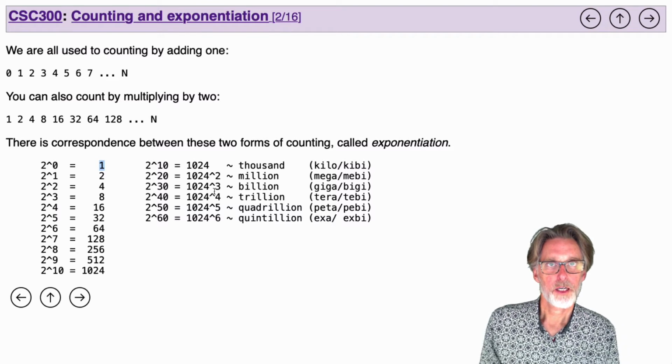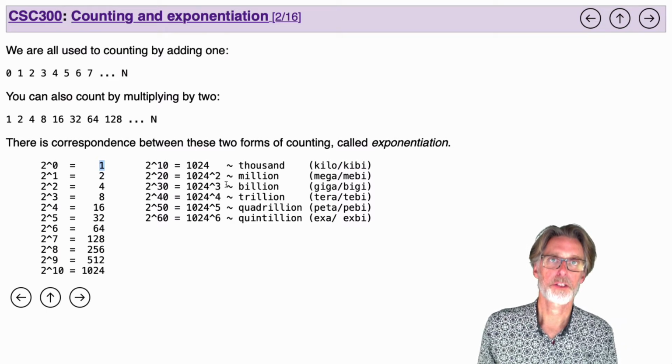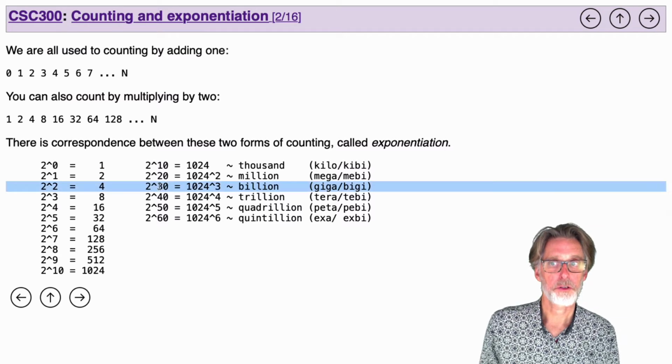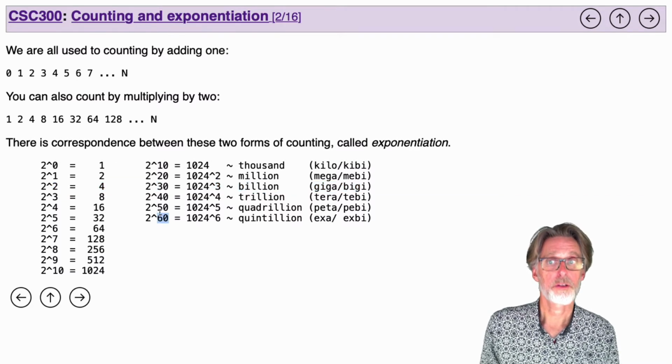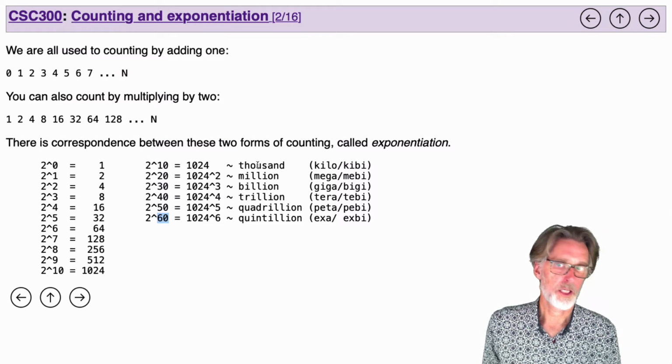These numbers will become particularly important in your systems class, where you will look at the representation of numbers in memory. And you'll see that for 32-bit computers, 2 to the 32nd is an important number. For 64-bit computers, 2 to the 64th is an important number. In English, we use the words I've written here, thousand, million, billion.